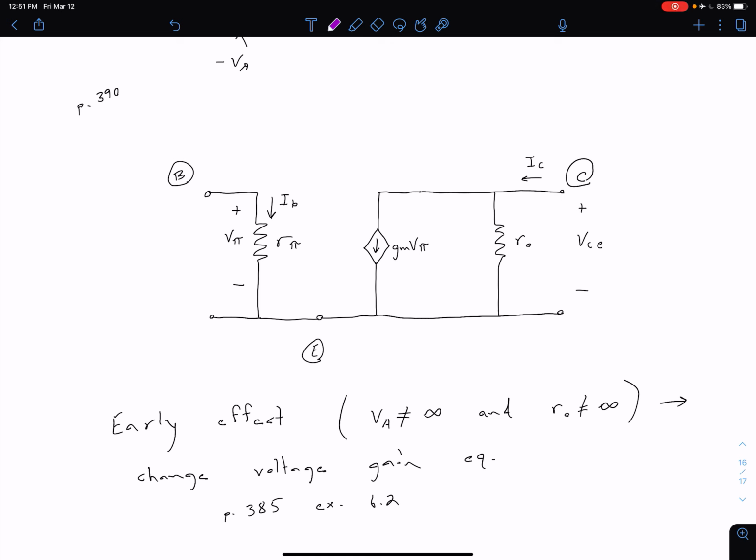Sometimes you will see an R mu, which is a resistance between our base and collector. Remember we have this base collector junction, it is reverse biased, but we do have some diffusion resistance associated with that junction still. Typically this is going to be in the megaohm range, and because of that, usually we just approximate it as an open circuit.